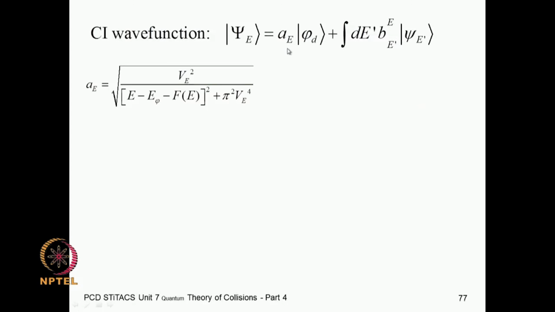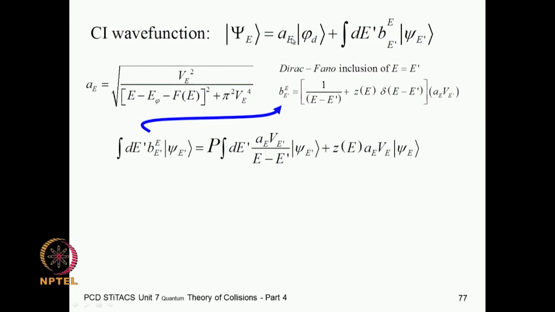So, we now have this, and now we have taken care of the E equal to E prime, and now we get the configuration interaction. We have all the terms. We have the B, this mixing, we have got this coefficient. So, we now get the complete wave function, and in this we make use of the principal value integration as we have done.